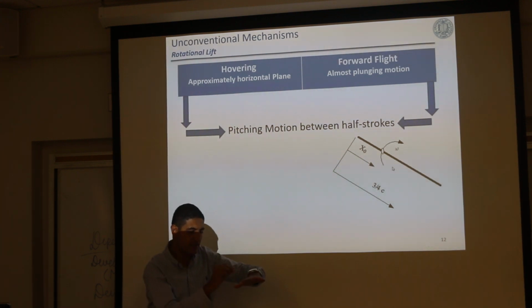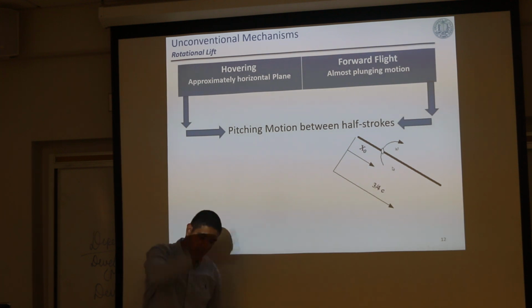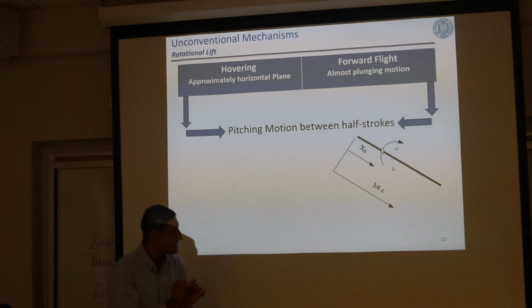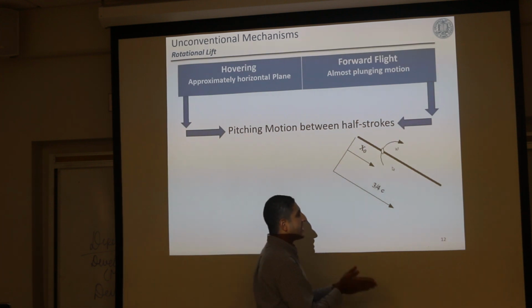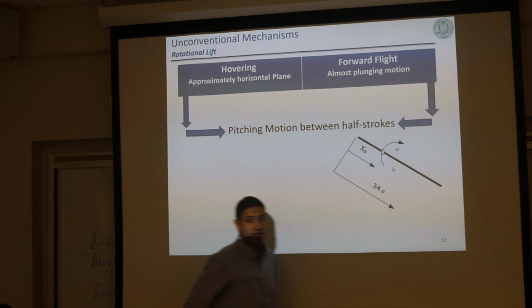But if at this particular instant you have an angular velocity, so in the very next second you will have non-zero angle of attack. At this instant, the geometric angle of attack is 0, but because you have angular velocity, you get extra lift. Why?